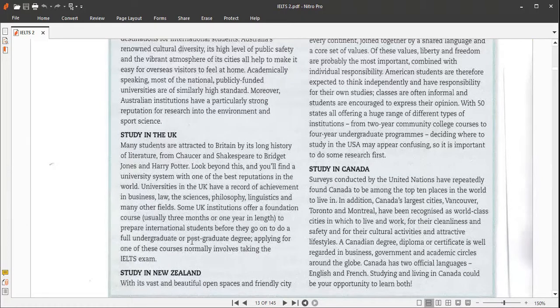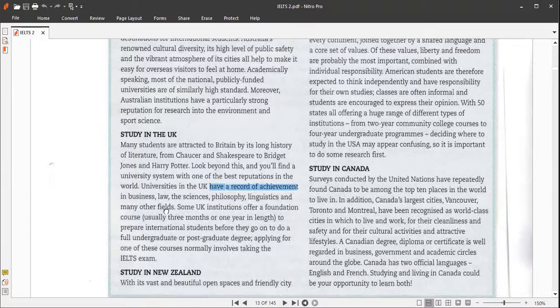Alright. That's the UK. So what do you think? Look beyond this and you'll find a university system with one of the best reputations in the world. Universities in the UK have a record of achievement in many fields.